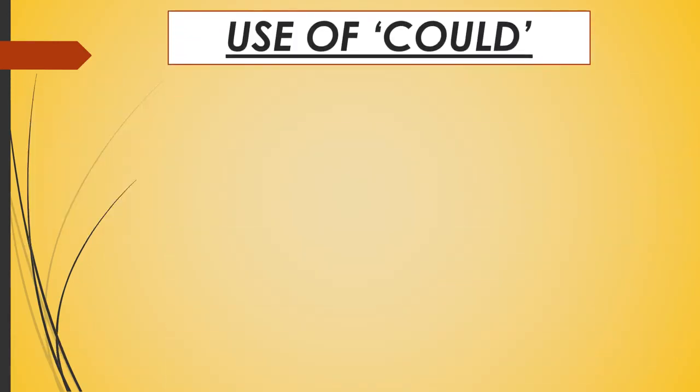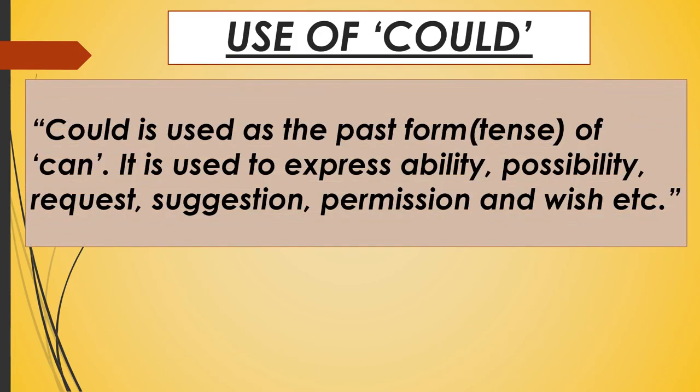Use of could. Could is used as the past form of can. It is used to express ability, possibility, request, suggestion, permission, wish, etc. It is also used in positive, interrogative and negative sentences.